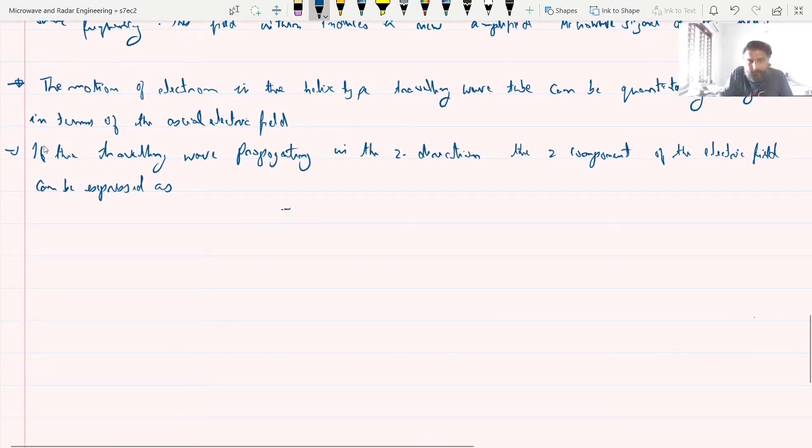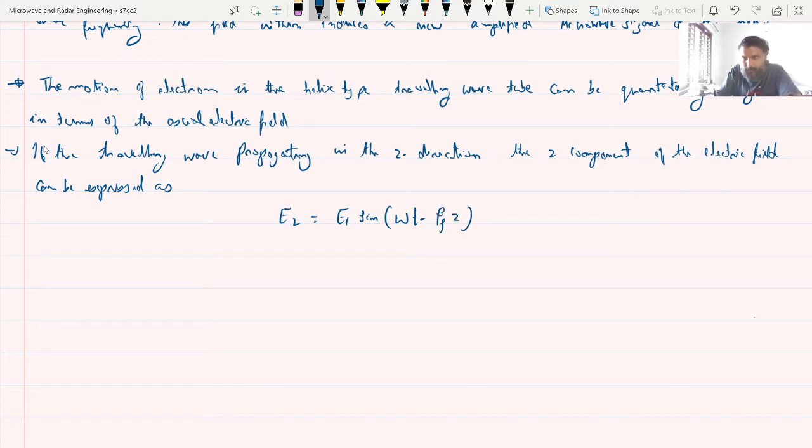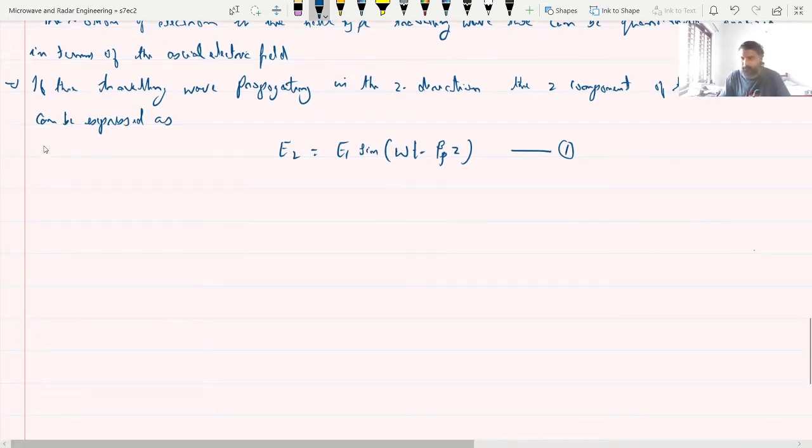E of z can be E1 sin(omega t minus beta p of z). In some book it can be written as k p of z. Anyway, don't bother about that one. Both are the same.